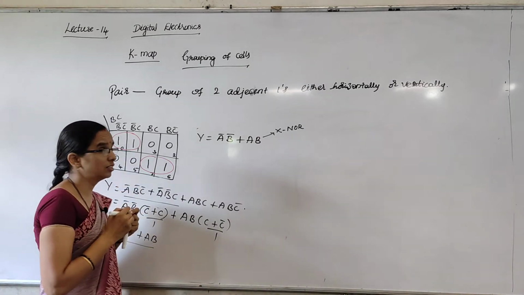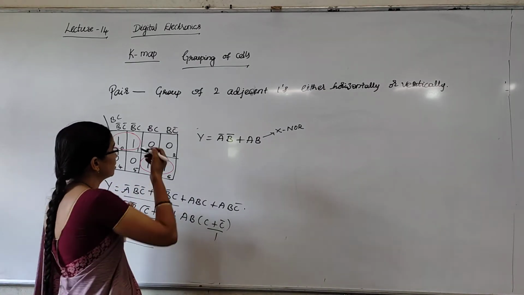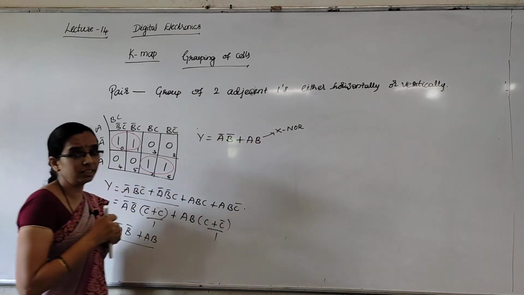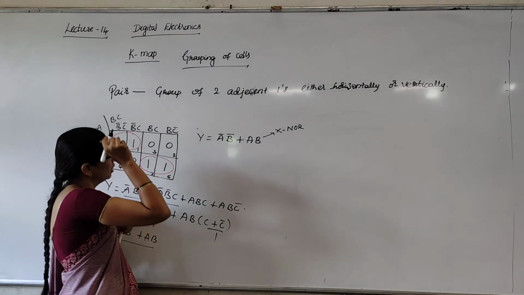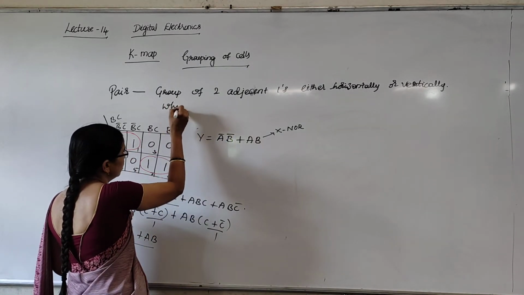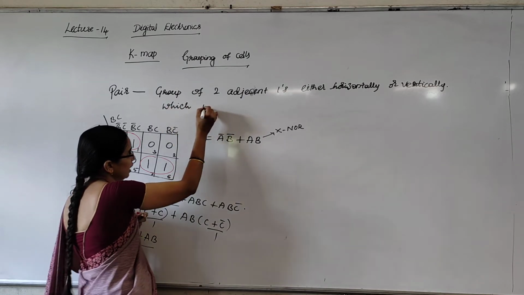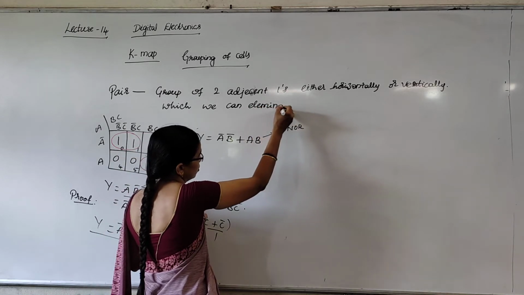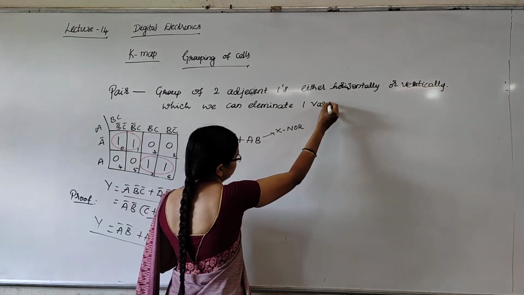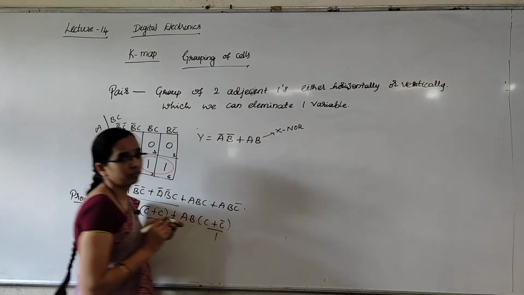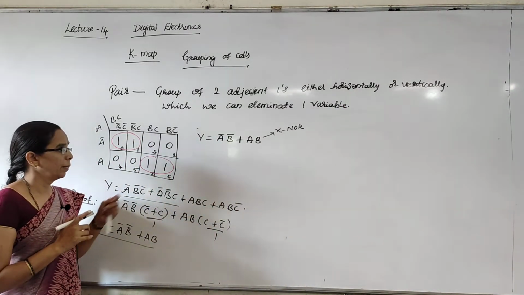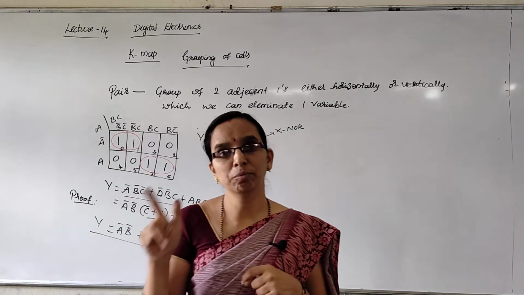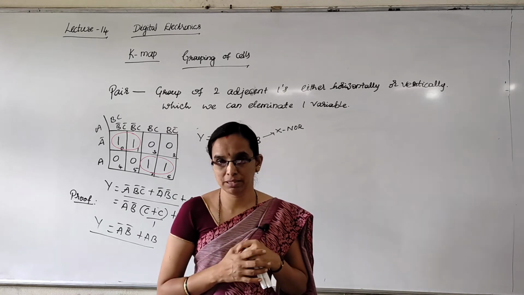That will be a question supposed to be asked in the question paper: a group of 2 adjacent ones, either horizontally or vertically, in which we can eliminate one variable. Any K-map you take, grouping of a pair eliminates one variable.